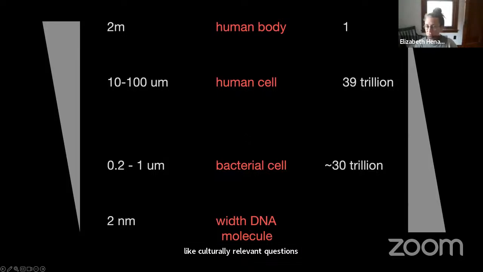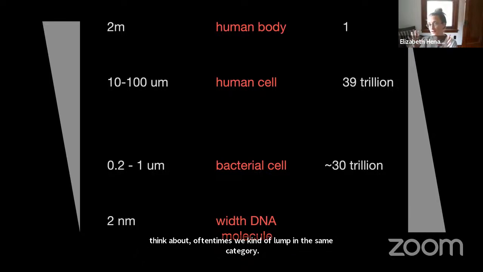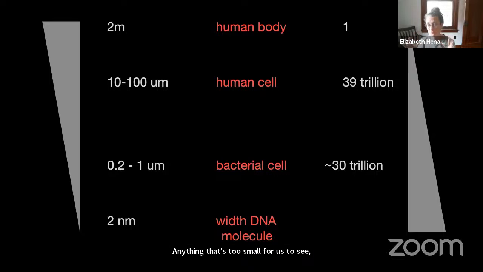But just to give you an idea of scale, oftentimes we kind of lump in the same category anything that's too small for us to see, but there's actually vast orders of magnitude of small within the invisible.